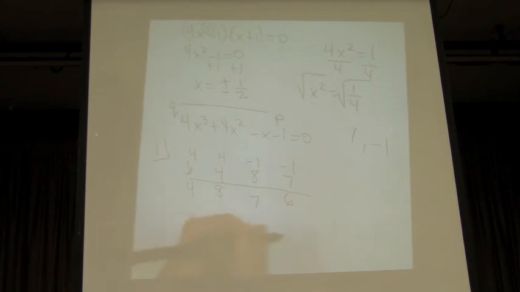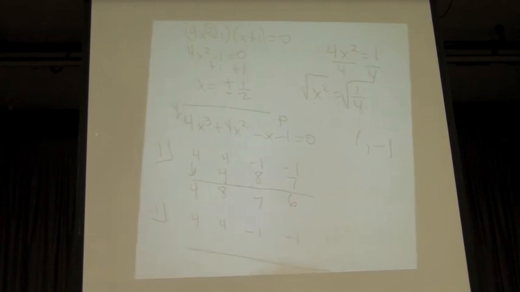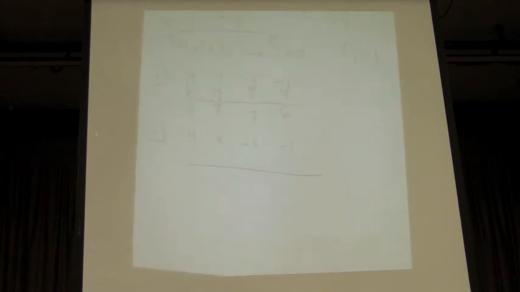What do we try next? -1. Same process. Bring down the first term. Then what? Multiply it by the number in the box and add down. Then multiply by the number in the box and add down. Multiply, add down. We got 0. That means that -1 is one of the 3 solutions.